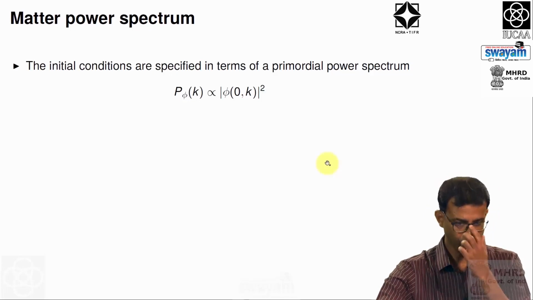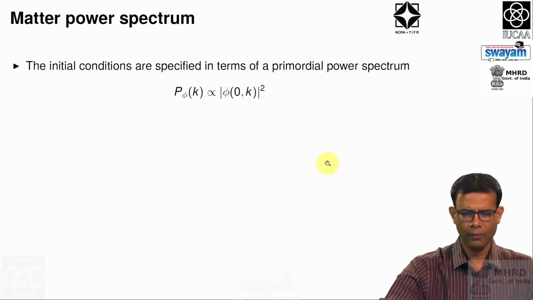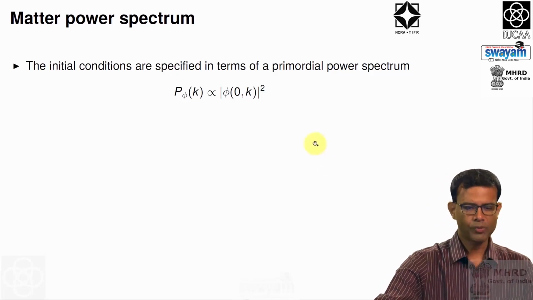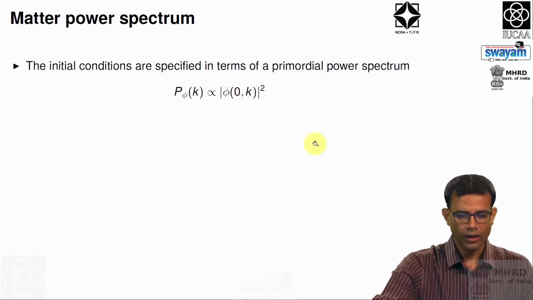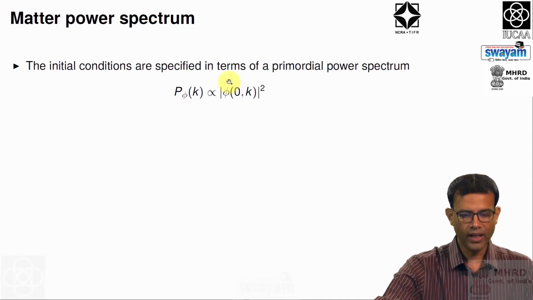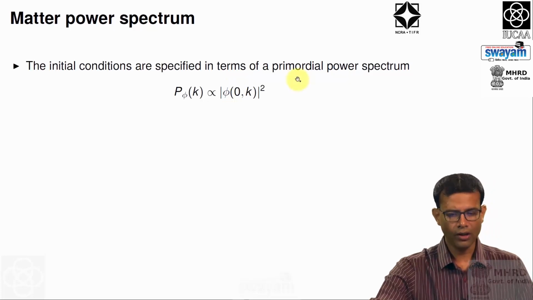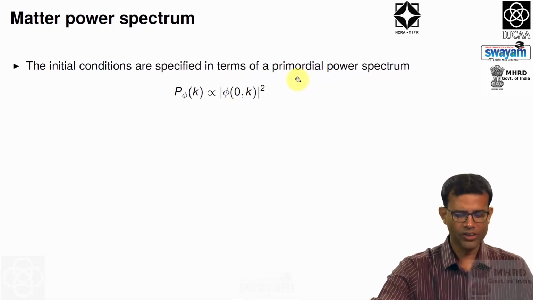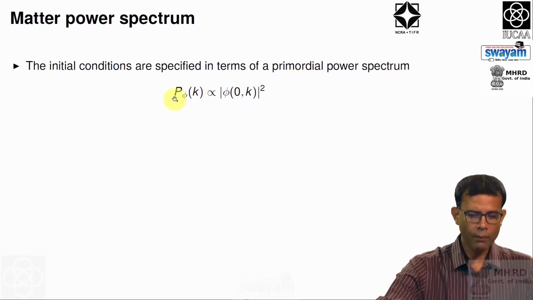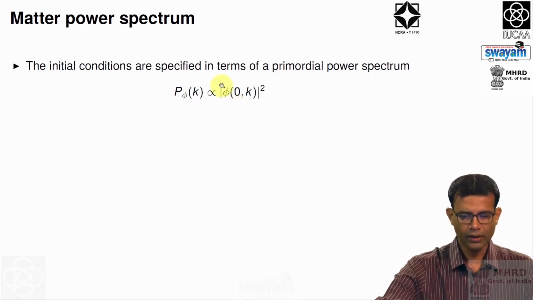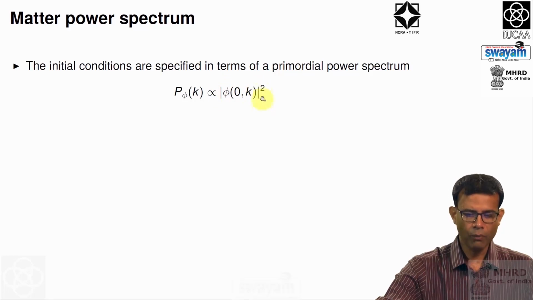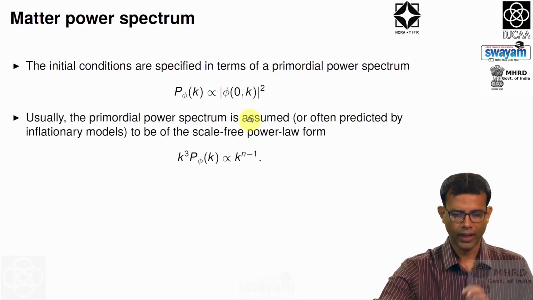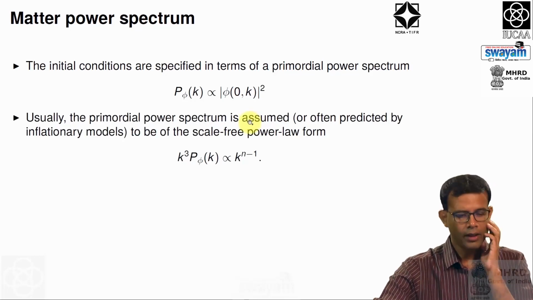In fact, there are many ways of specifying the initial conditions. The most convenient way is to specify in terms of what we call the primordial power spectrum. So, the primordial power spectrum of the potential is something which is proportional to the mod square of the potential perturbations at the initial time.